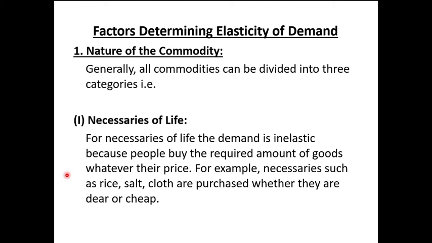For the necessaries of life, the demand is inelastic. Remember, for the necessaries of life, demand is inelastic. What is the characteristic of inelastic demand? Whatever may be the change in price, the quantity demanded of the commodity remains unchanged.